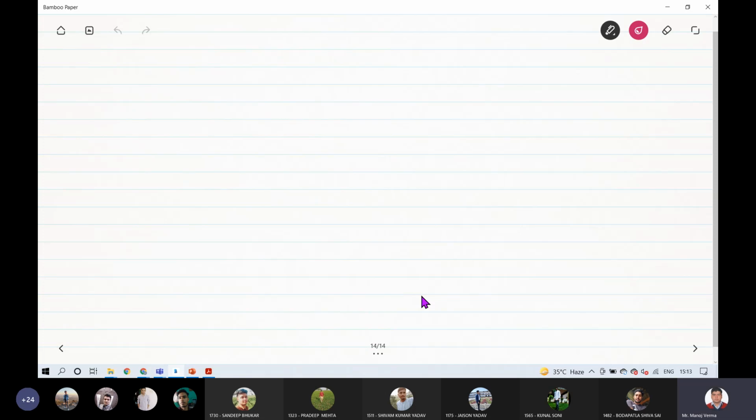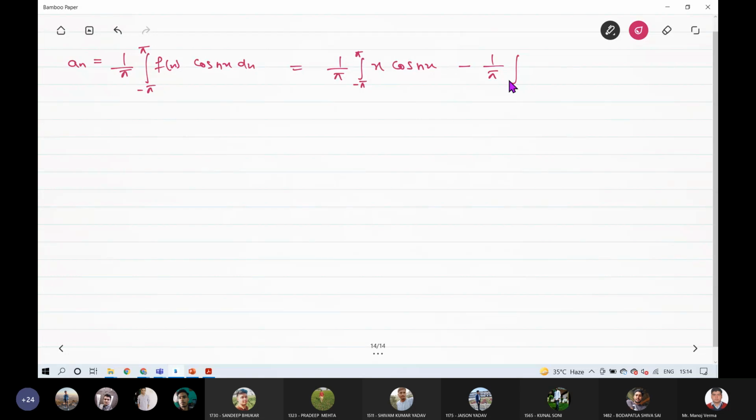Similarly, if I want to calculate the value of an, it is 1 over pi integral from minus pi to pi of f(x) cos nx dx, and it will be x cos nx minus 1 over pi integral of x square cos nx dx.